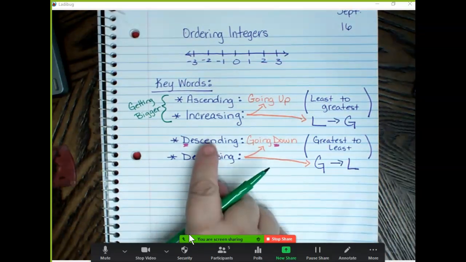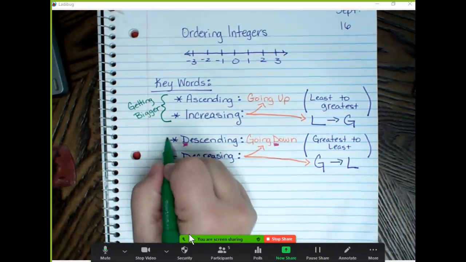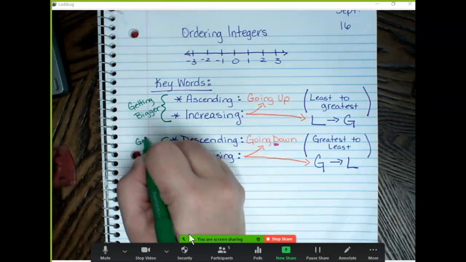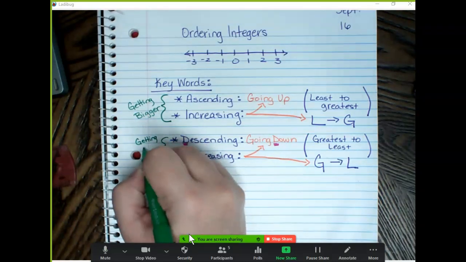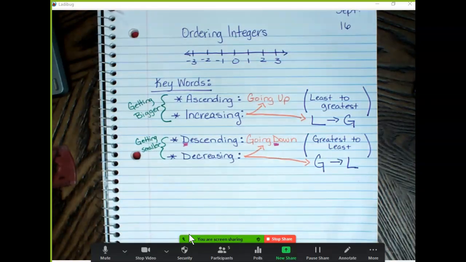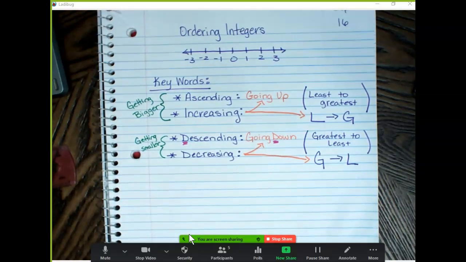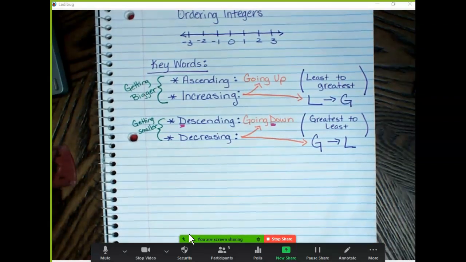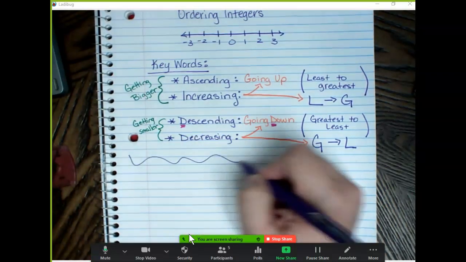And descending or decreasing means my numbers are getting what? Smaller. They are getting smaller. That's all the key words for today.